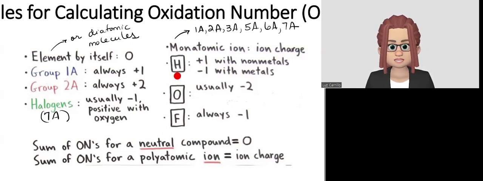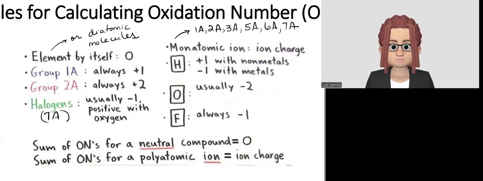Hydrogen lives in 1A, but it is important to note that when we find it with nonmetals, it's going to have an oxidation number of +1, but when we find it with metals, it's going to have an oxidation number of -1.